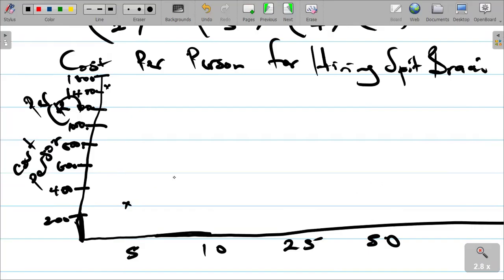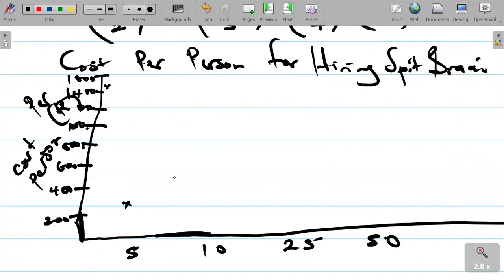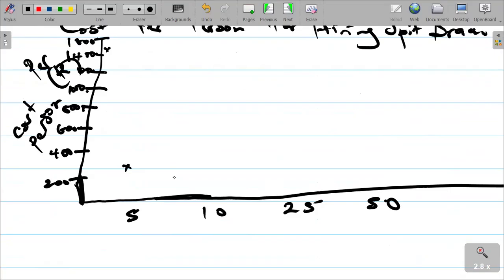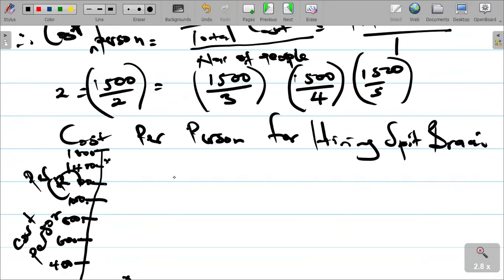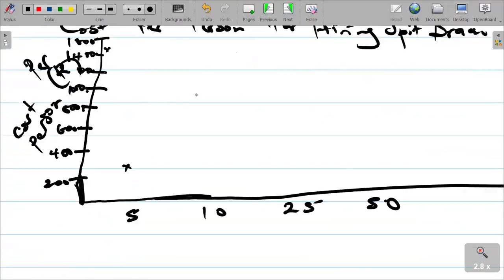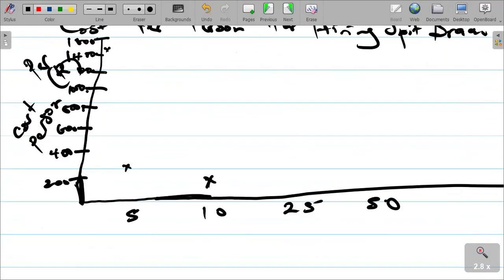For 10 people, we said 150. For 25 people, it is 60. And for 50 people, it is 30.